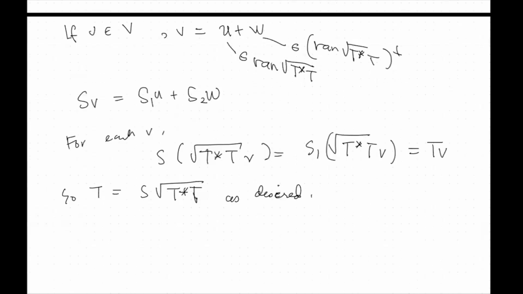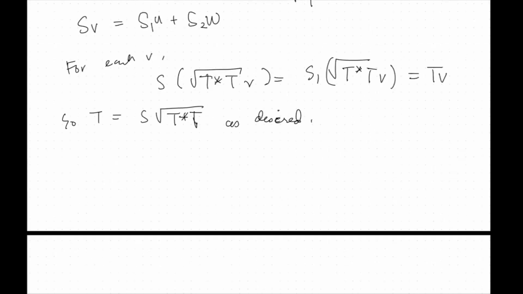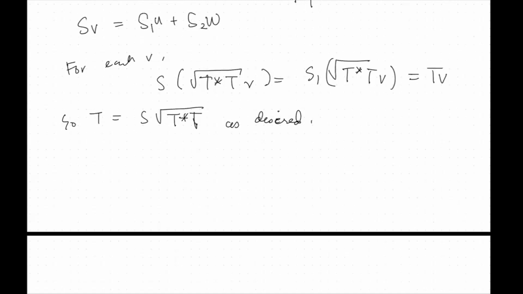So we are now left to show that S is an isometry. This is easy. We will just use the Pythagorean theorem. Here, the norm of S V squared is just the norm of S1 U plus S2 W squared.